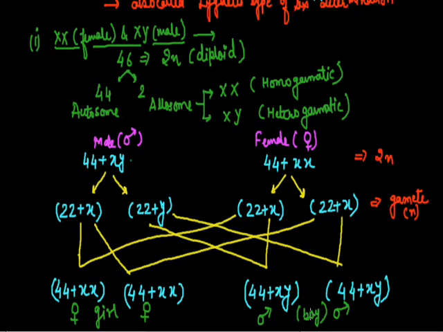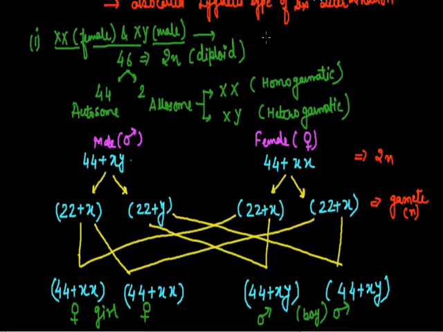Now you can recognize that the gender of any offspring or child is determined here by the male parent, because this one contains the variable chromosome, that is the Y factor. So whichever parent is heterogametic will determine the gender of the offspring. So this is about the XX, XY kind of configuration.